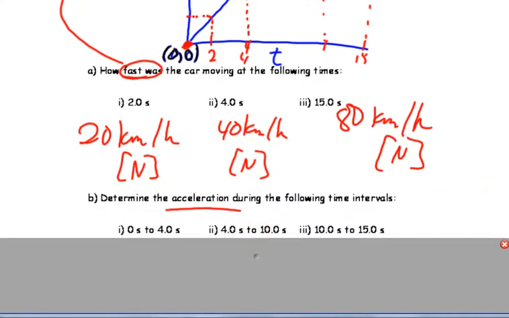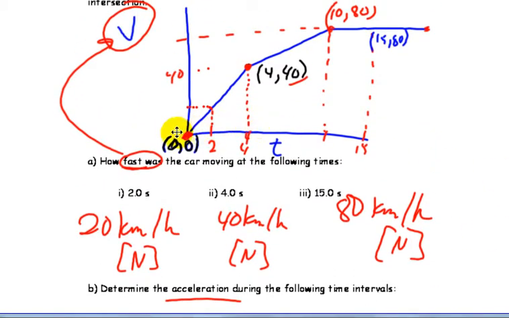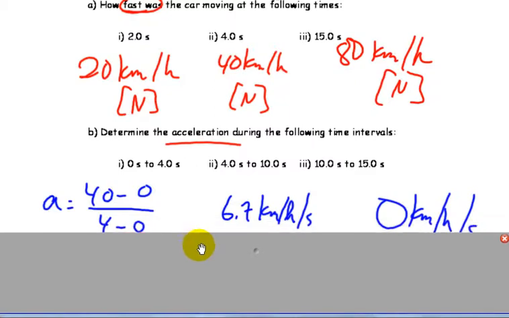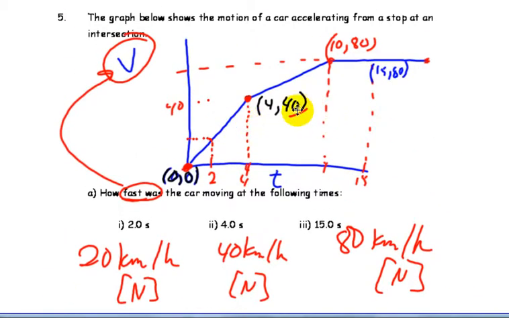Acceleration though, from 0 to 4, 4 to 10, 10 to 15. Of course, this is going to give us the slope. So if we take a look here, v2 minus v1 over t2 minus t1. So 40 minus 0 over 4 minus 0.